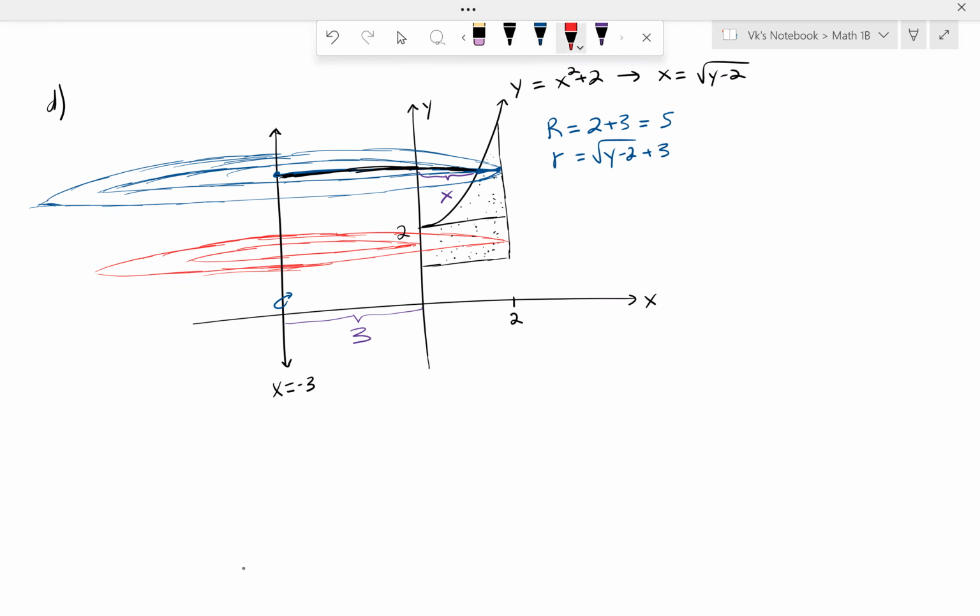Okay, let's take a look at the sample washer below. This would be the outer radius, 3 plus 2, or 2 plus 3.